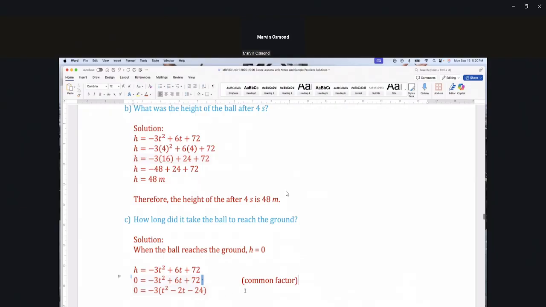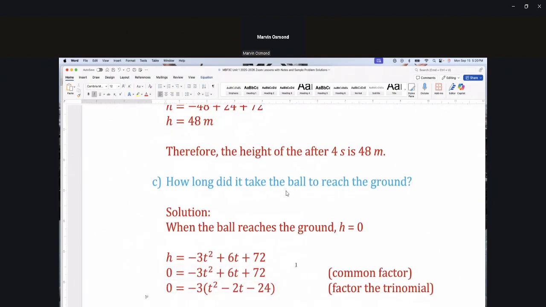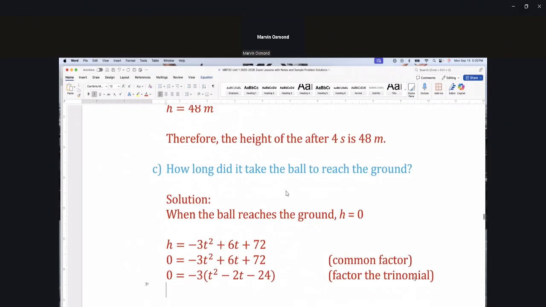Now we're going to factor the trinomial. You don't need to, but I'm just doing this so that you understand what we're doing. You don't have to write this down when you're doing a solution, but you should write this down when the ball reaches the ground, h equals 0, and so on.